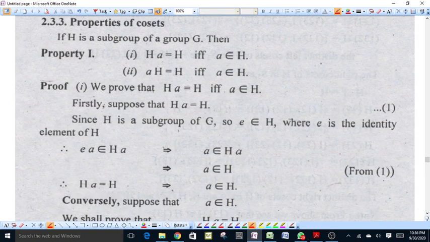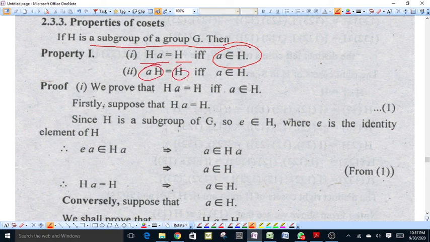Now we discuss some properties of cosets. If H is a subgroup of G, then H = Ha if and only if a belongs to H, and aH = H if and only if a belongs to H. First we suppose that H = Ha.